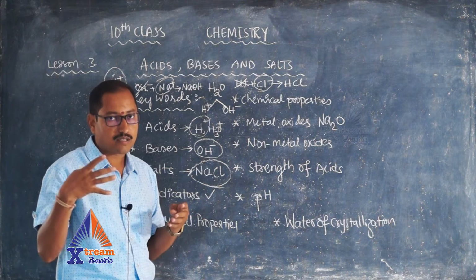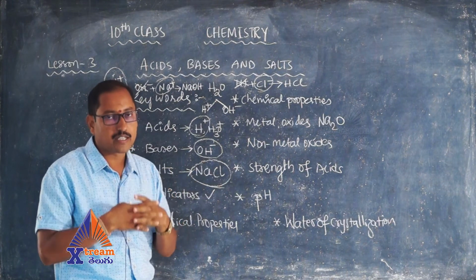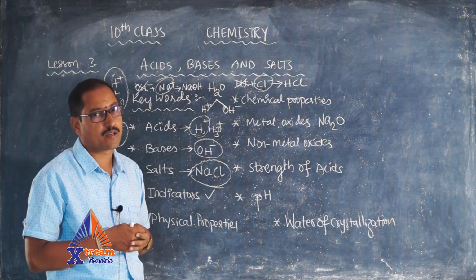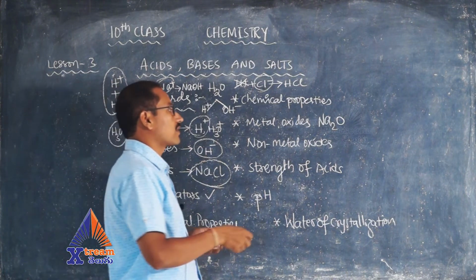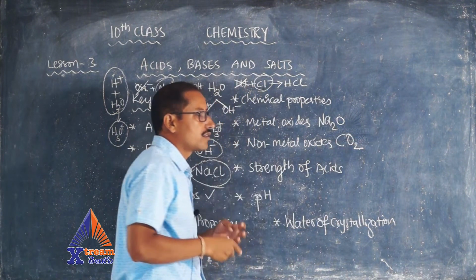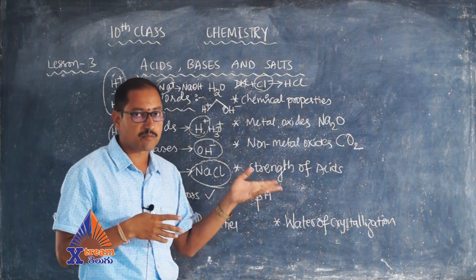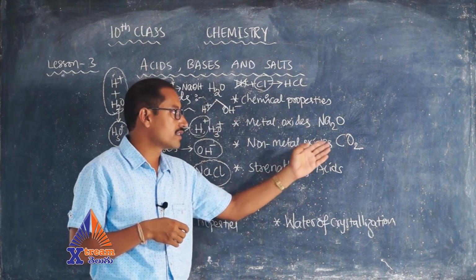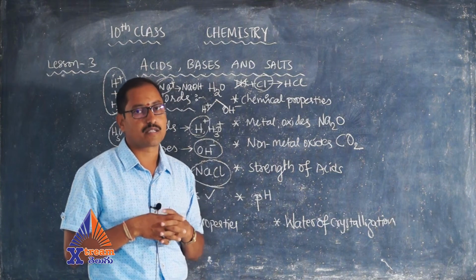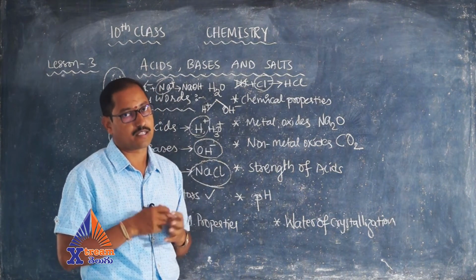That is, when oxygen and a non-metal combine together, forming a chemical compound, it is called a non-metal oxide. For example, the combination of carbon and oxygen is carbon dioxide. Carbon is a non-metal, oxygen is a non-metal. Carbon dioxide is called a non-metal oxide.